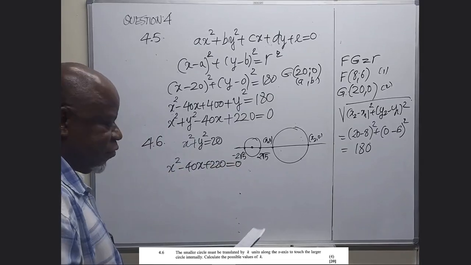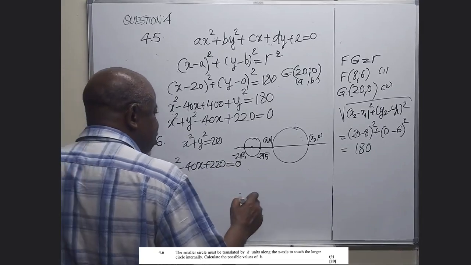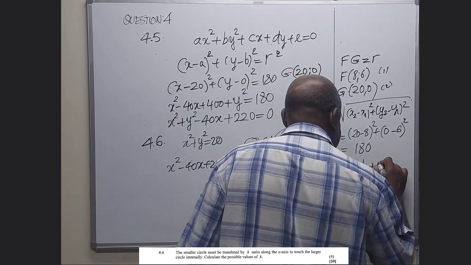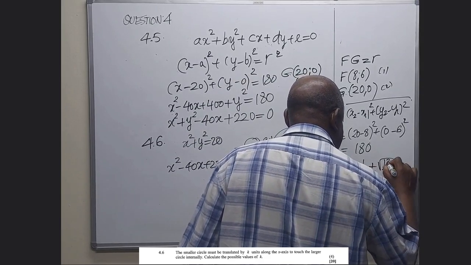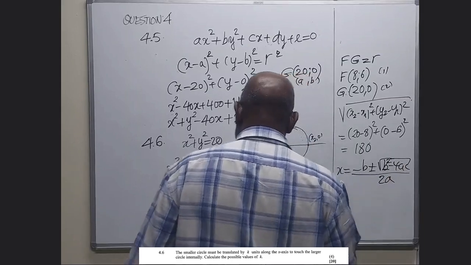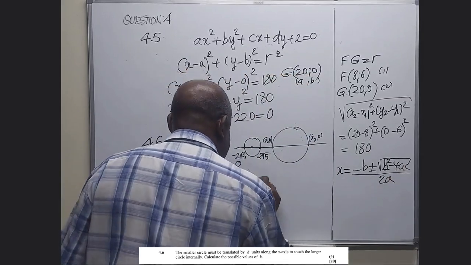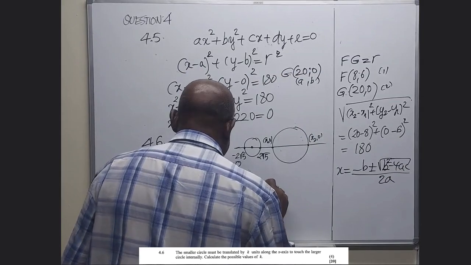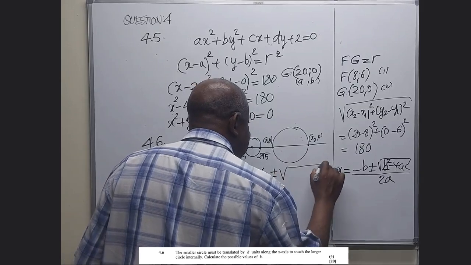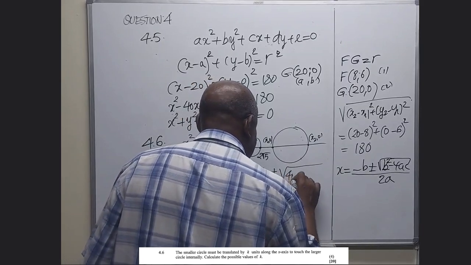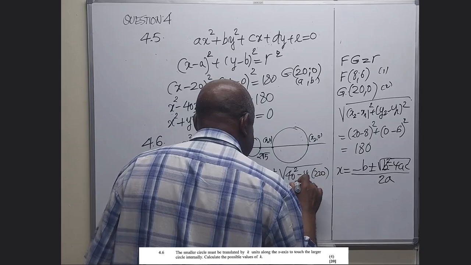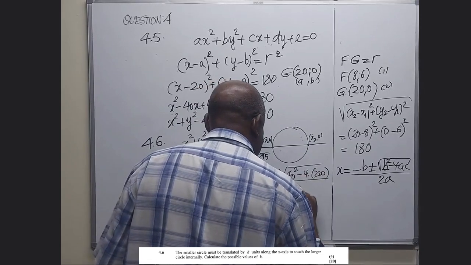We're going to solve this by using the quadratic formula: x is equal to minus b plus or minus square root of b squared minus 4ac, over 2a. So let's get the value of x. We'll have minus b, our b is minus 40, so 40, plus or minus square root of 40 squared minus 4 times 220, over 2.